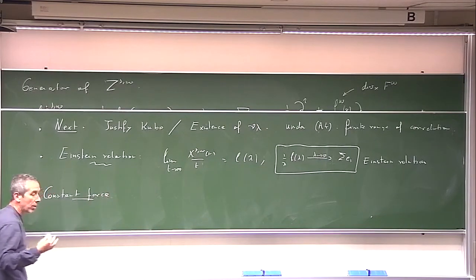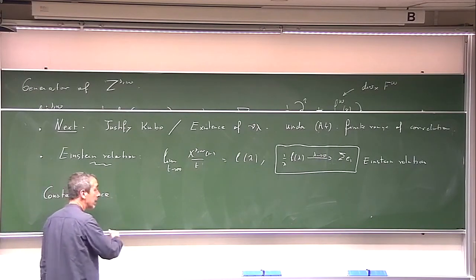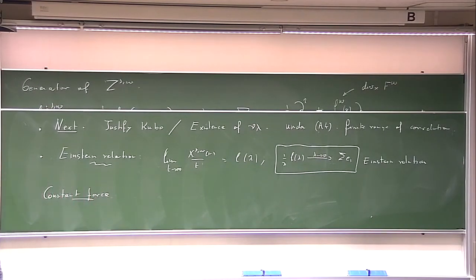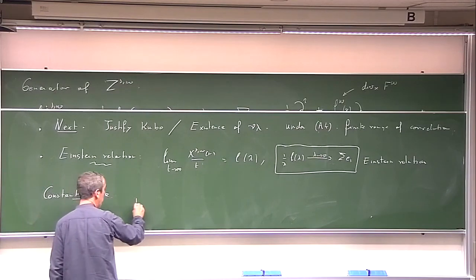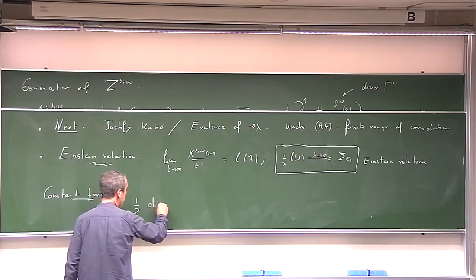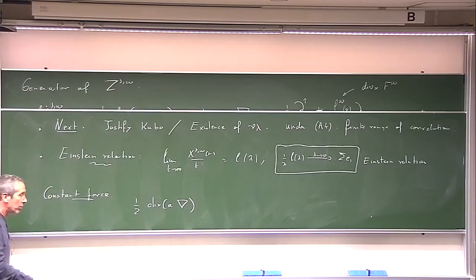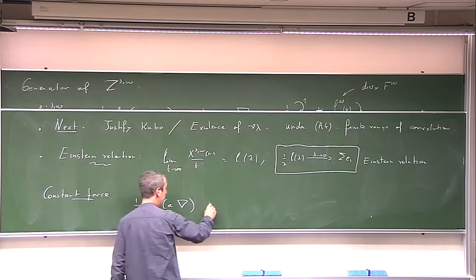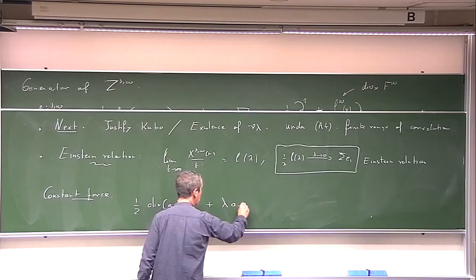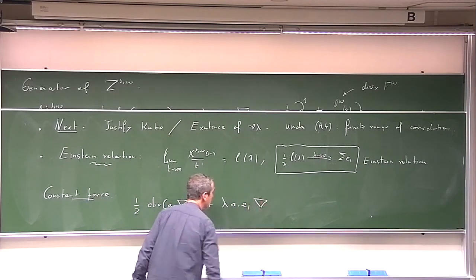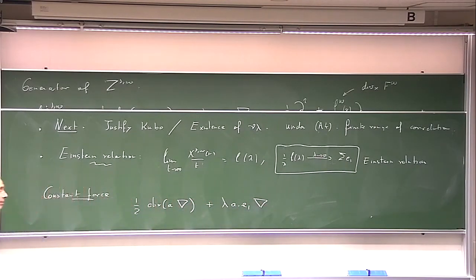I told you that to have a constant force, you take the generator and add this constant term. The way we modified the generator to include the constant force is we write something like that, right? This is the generator of X.